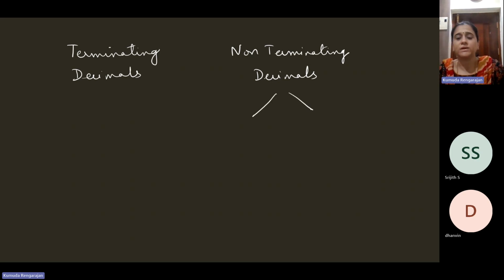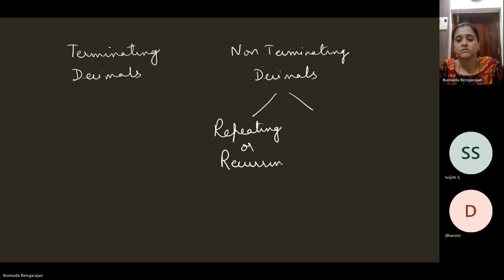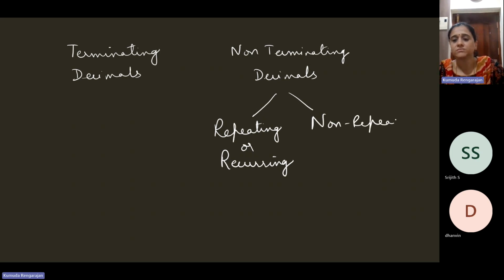Non-terminating decimals are of two types: non-terminating, repeating or recurring decimals, and non-repeating or non-recurring decimals. I haven't come there yet.